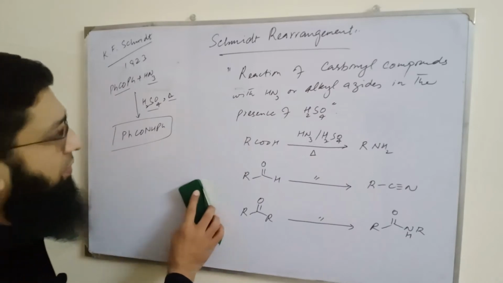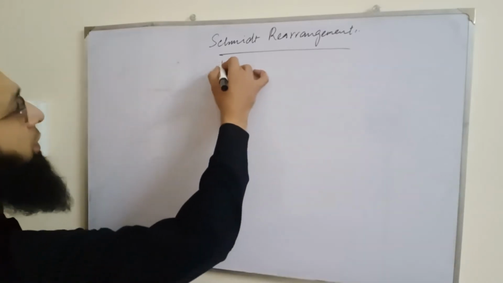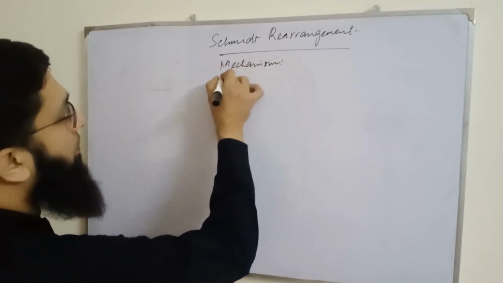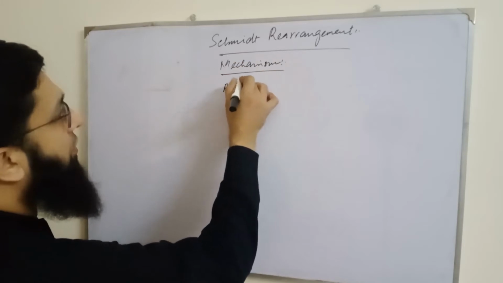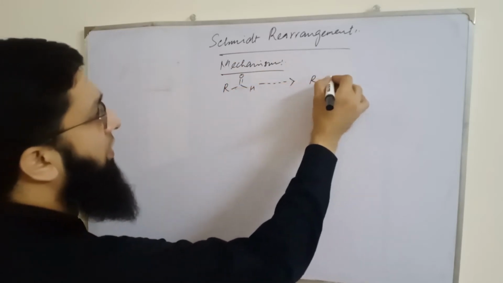Now we see the mechanism. So first mechanism would be the conversion of aldehyde to nitrile.